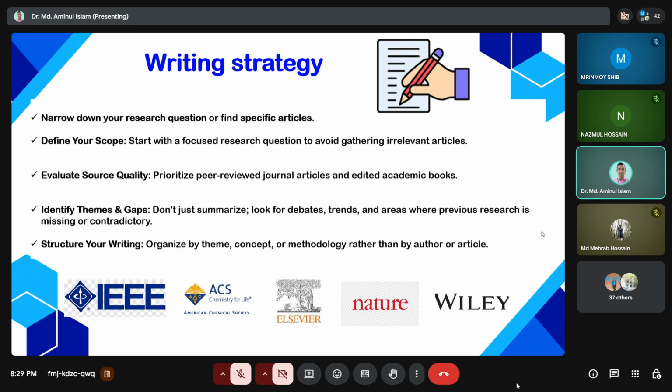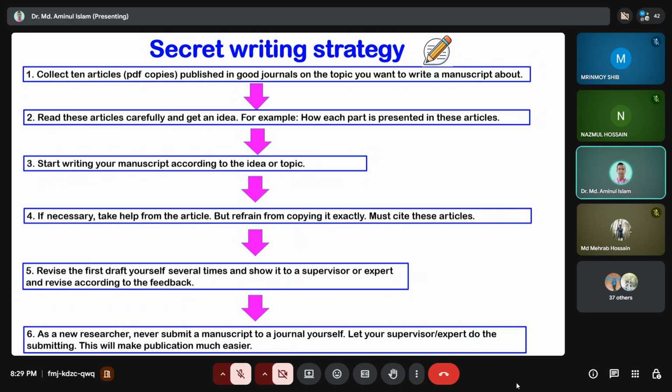Then you can structure your writing. Later I am going to talk about this, which is important for you, and a practical approach for writing a manuscript. It can be a review article or research article. So, the secret writing strategy, this is very important.